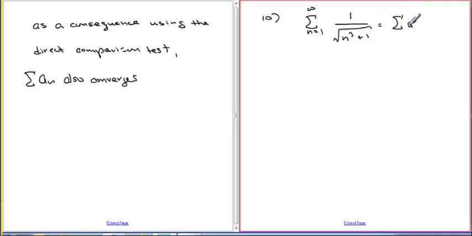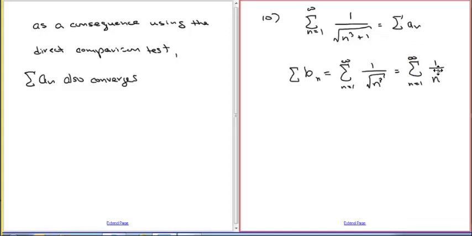We'll let the b sub n series equal the summation from n equals 1 to infinity of 1 over the square root of n cubed, which we can write with a fractional exponent. So we have 1 over n to the 3/2 power.